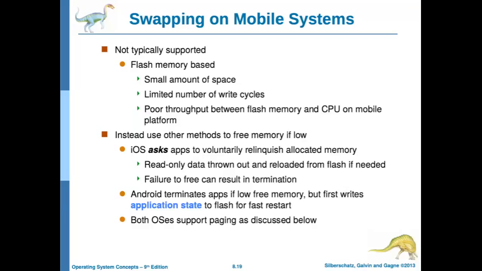The same thing applies to Android. Android will terminate the app if free memory is low. It first writes the application state to flash for fast restart, so whenever such an application comes from the background into the foreground, it will be restarted very, very fast.